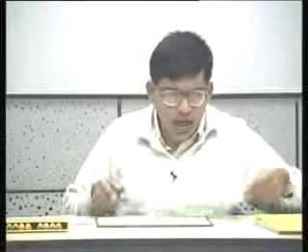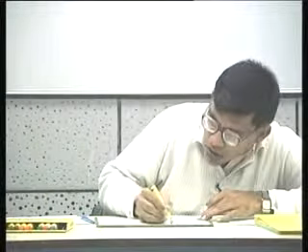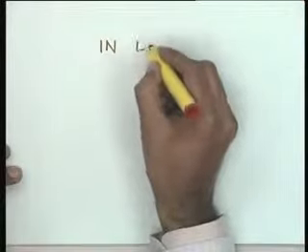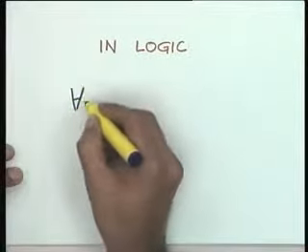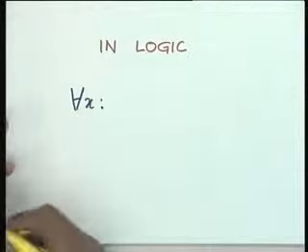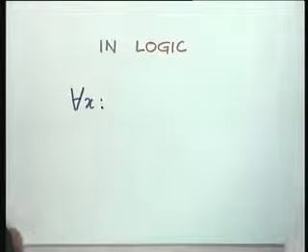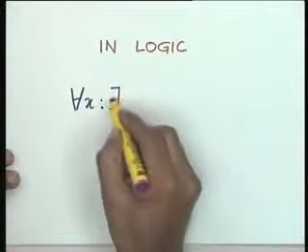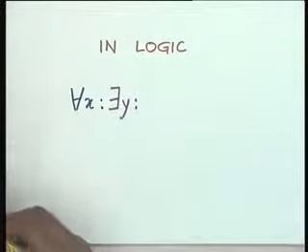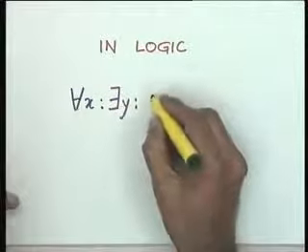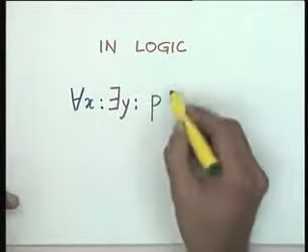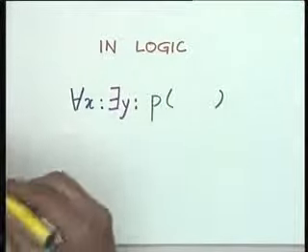For example, in logic you have these quantifiers. So you could have a quantifier like for all x, there exists y, and some statement in terms of, let's say, some predicate p, which has maybe several free variables.